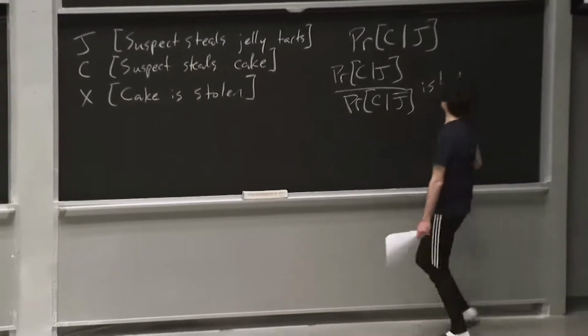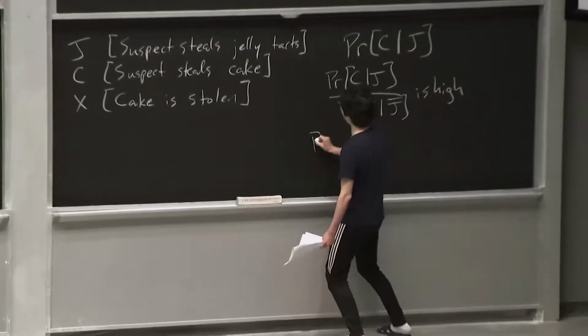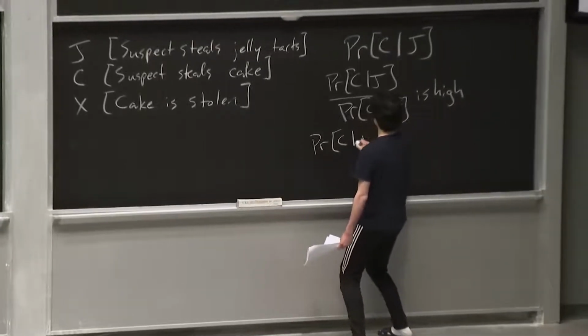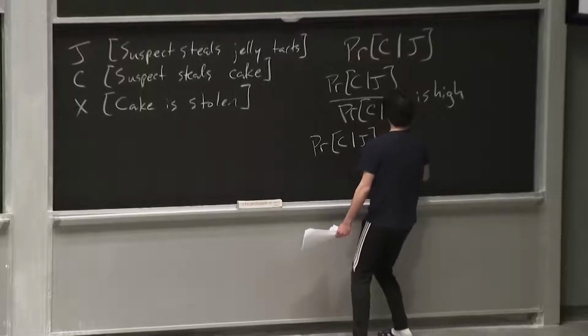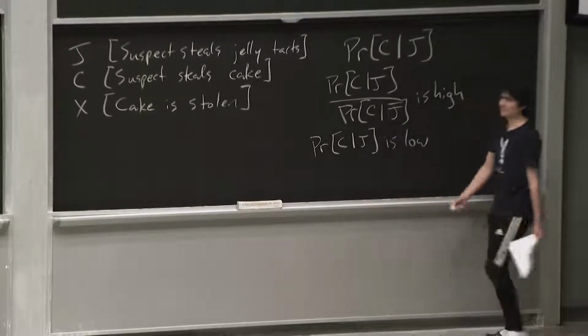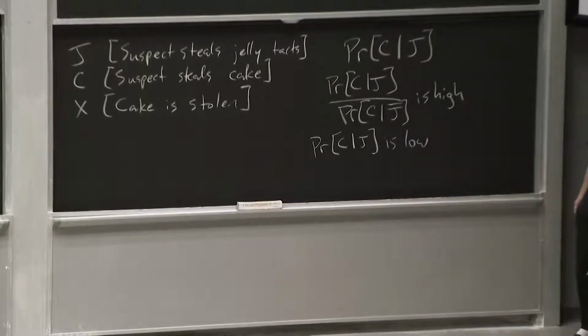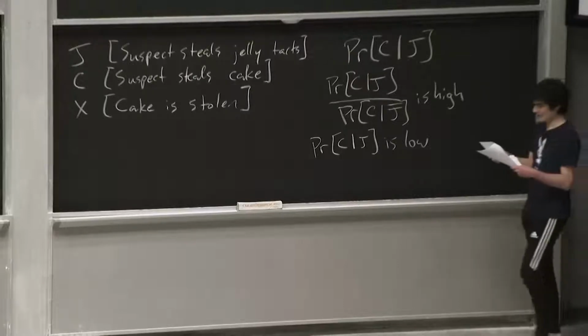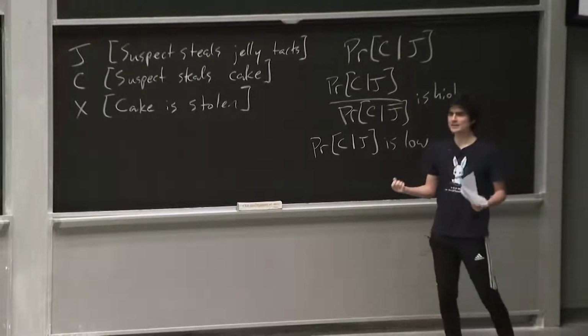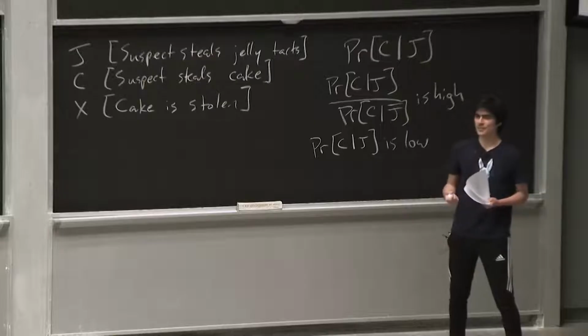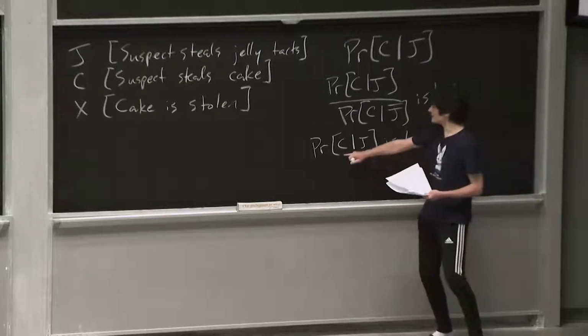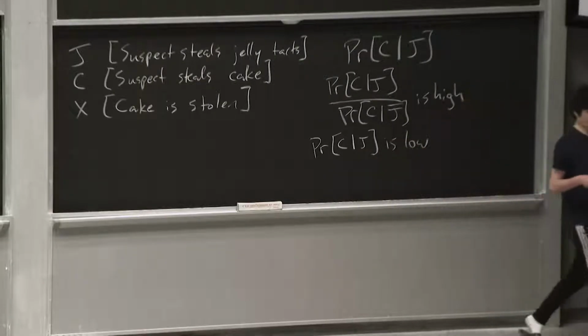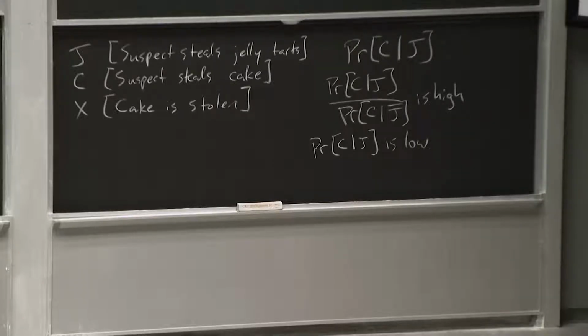Okay? The suspect is saying that the probability of C given J is low, right? So J cannot actually dramatically increase the probability, right? The increase is going to be less than this probability. Yeah?